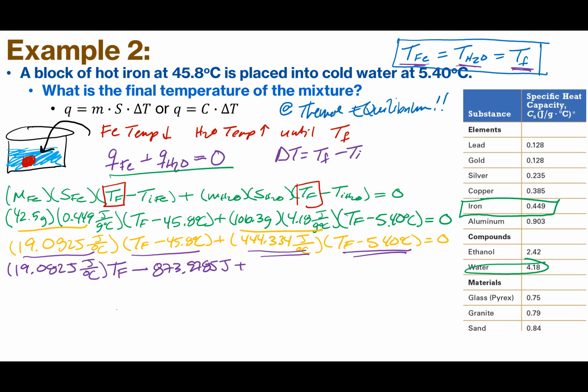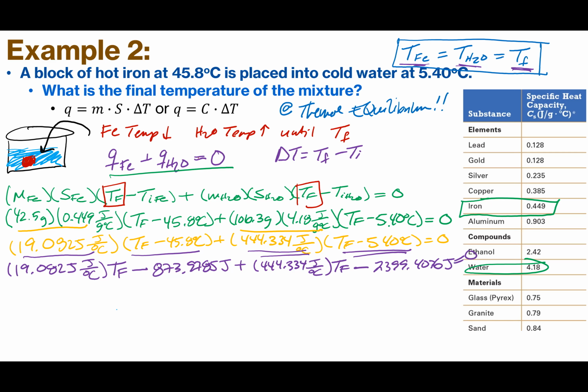The units matter. Again, we're going to have 444.334 joules over Celsius times our final temperature minus 5.40 times 444.334, which is 2399.4036. The Celsius canceled out, that's joules, and this is still equal to 0.